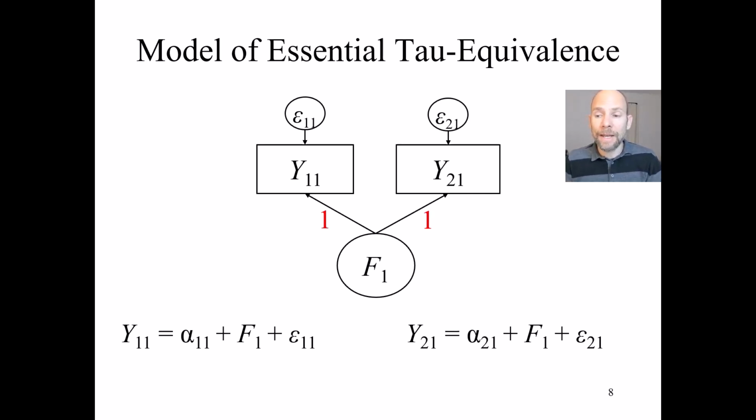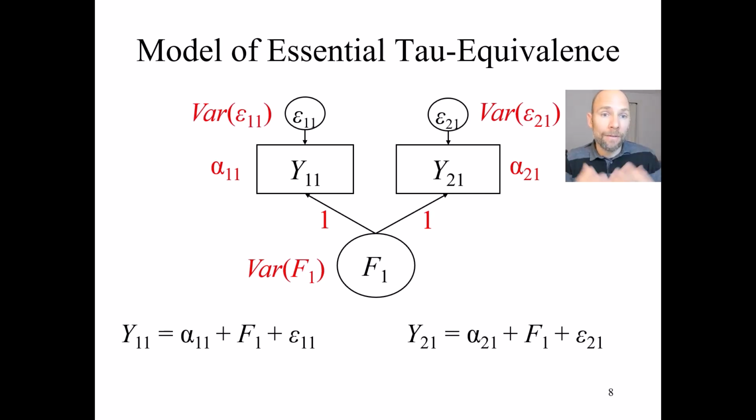And that model then has only 5 parameters left: the 2 intercepts, the factor variance, and the 2 error variances. And those variances are the critical parameters anyway, because what is of key interest to us is to separate true score variance or reliable variance from error variance. So those are the ones that we really care about.